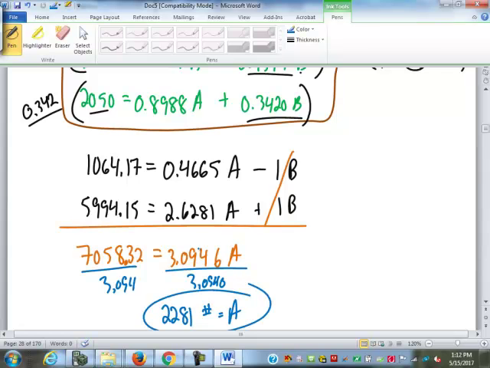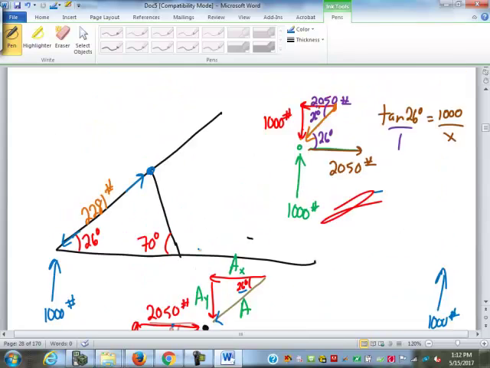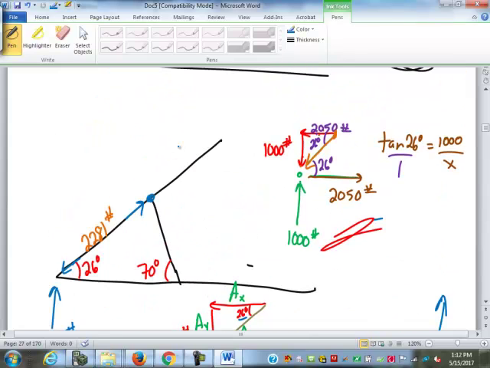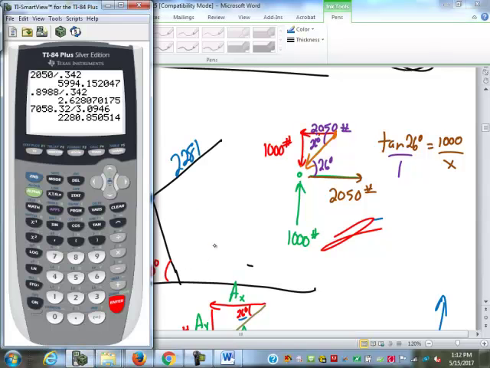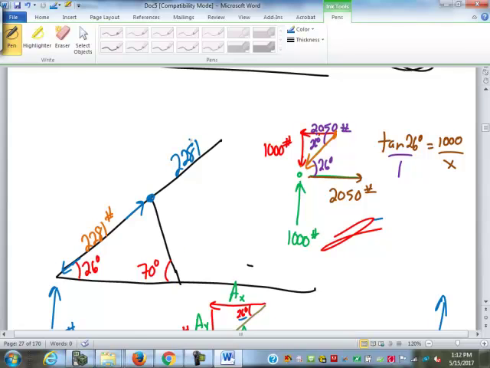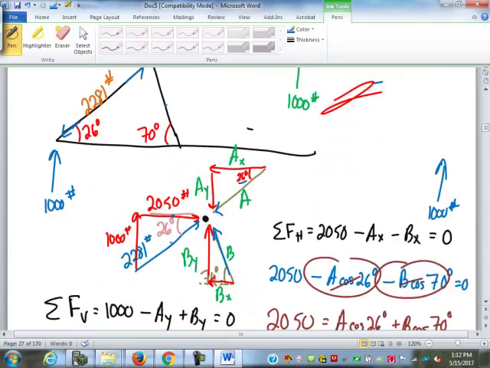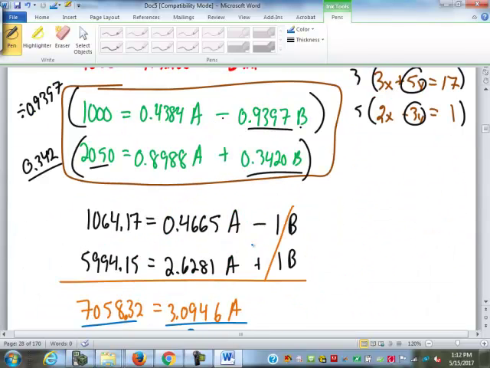That is the force on A. So it's saying up here, which one was A? That was A. So that force stays 2281. So we can find the force on this one by going back and substituting that back in the equation and solving. Make sense?